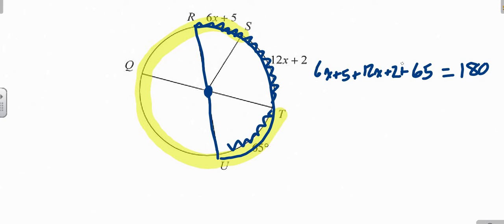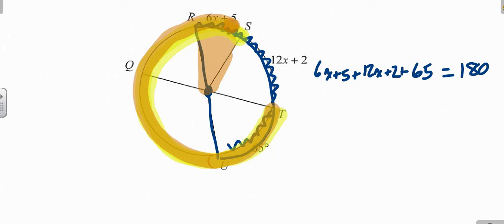Now, obviously, when I solve for x here, I want to pay particular attention to solving for this wedge, because then to get this yellow arc, I simply add 65 plus 180 plus that wedge, going around this way. 65 plus 180 plus that wedge.